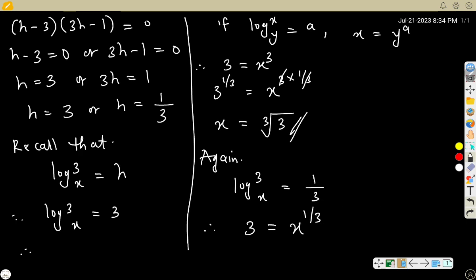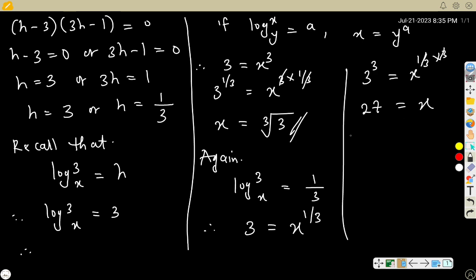Multiply both powers by 3. So this will be 3 raised to power 3 equals x raised to power 1 over 3 times 3. 3 raised to power 3 is 27, and this will cancel. That's x. So we got two answers for x now. That means x is equal to 27, or x is equal to the cube root of 3. That's the final answer.